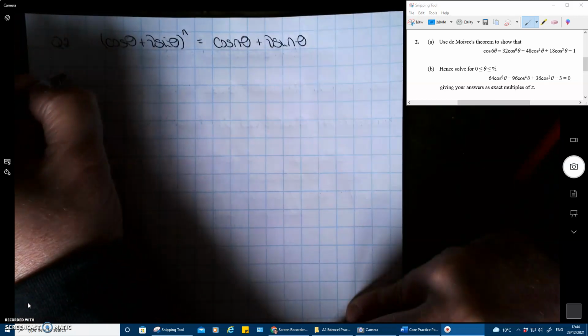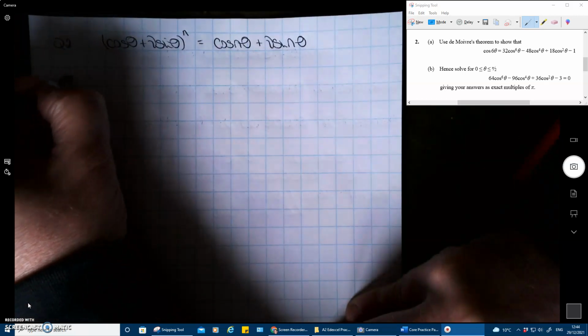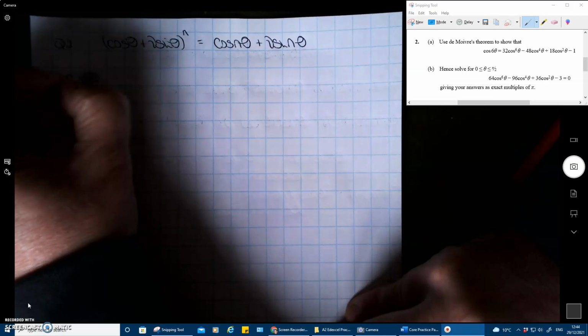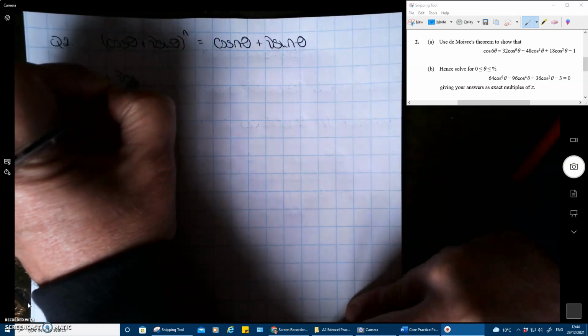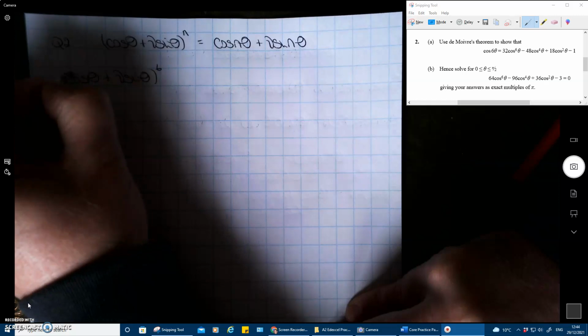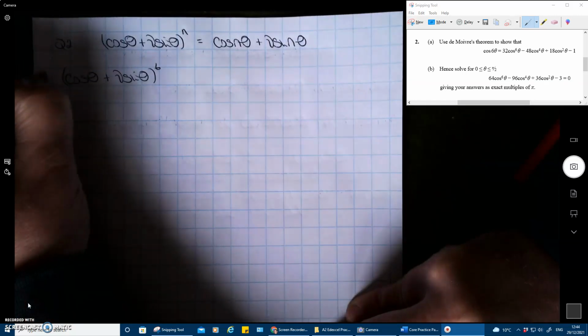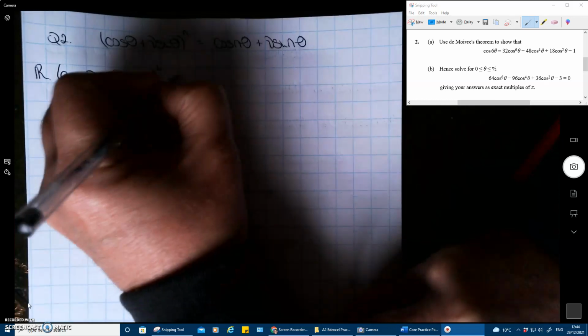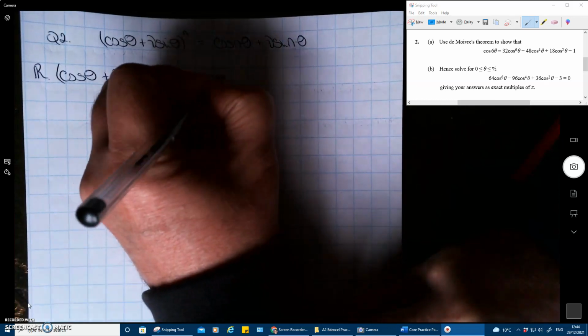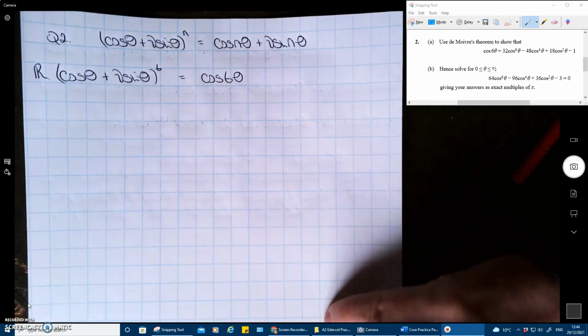So what I really want is to do (cos theta plus i sine theta) to the power 6, and I want the real part. Okay, so I want the real part of that, and that's going to equal cos 6 theta.